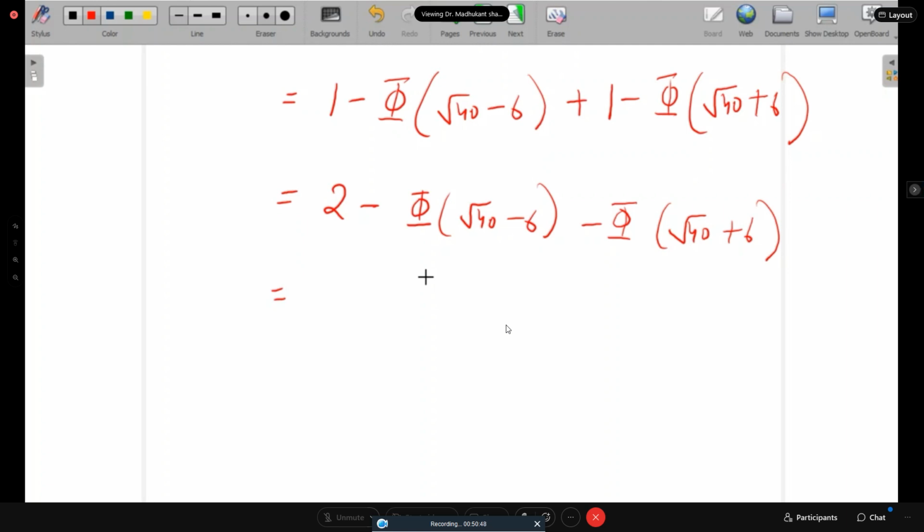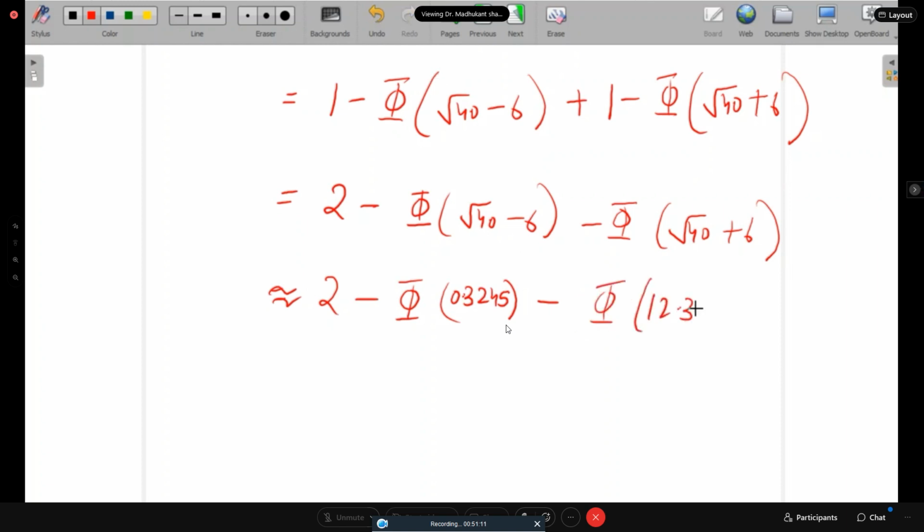Okay. So I think 2 minus phi of this is something like 0.3245, and the other is approximately 1. We can conclude it from the table later on.